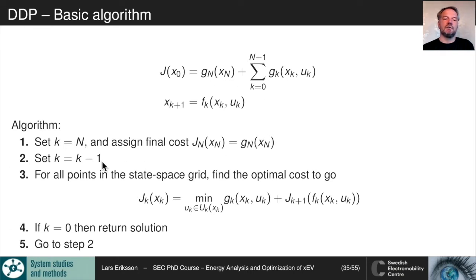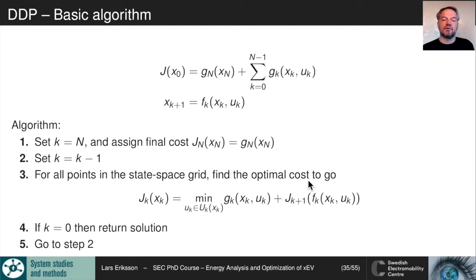And then we jump to a state that is earlier, so we jump to the preceding state. And then for all points inside the state space grid, we loop over all points that we have available, and we search for the one that will give us the best result when we go from the current point to the cost to go that we already have.